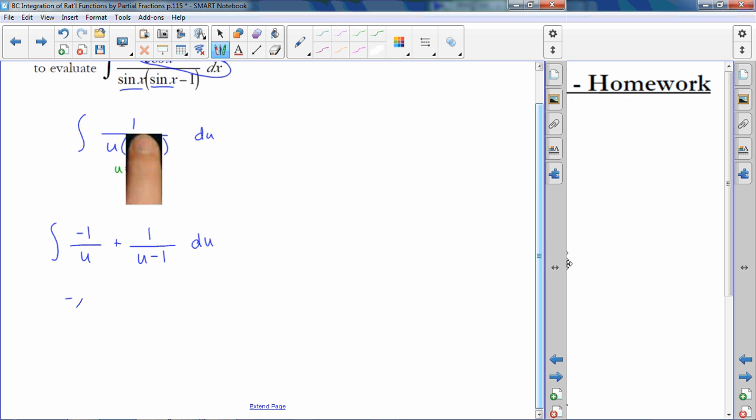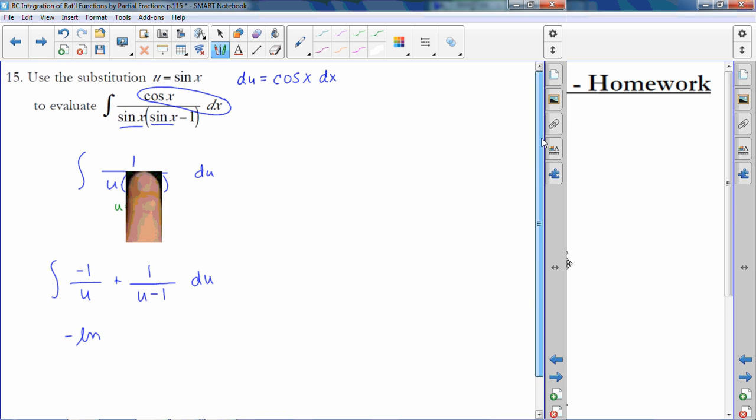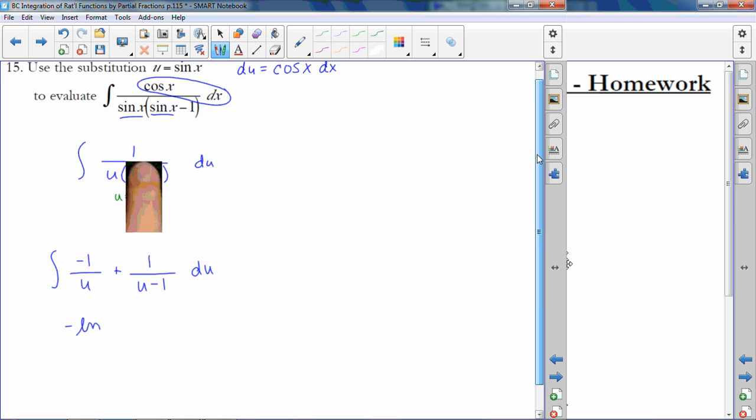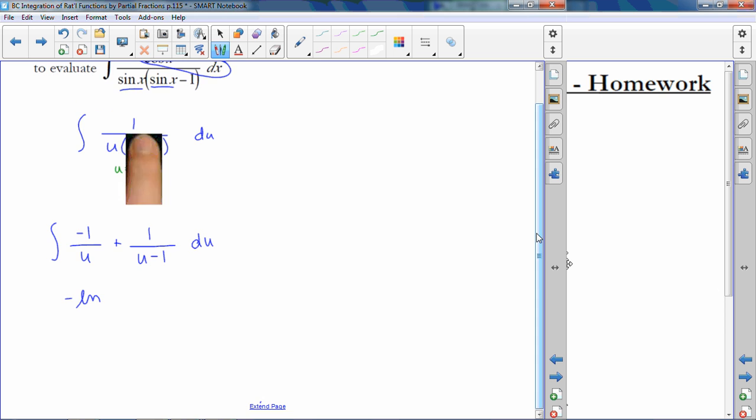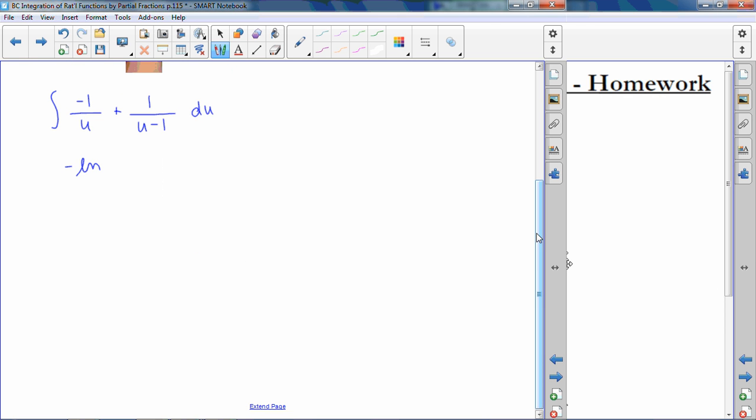We have the negative ln of, I'm going to go ahead and put my u in, that was sine x. Okay, absolute value of sine x. And then when I take the integral of the next one, I get ln absolute value of sine x minus 1, plus c.